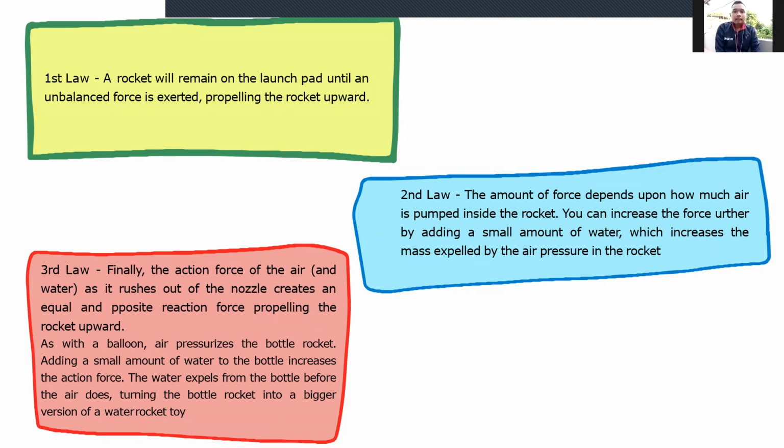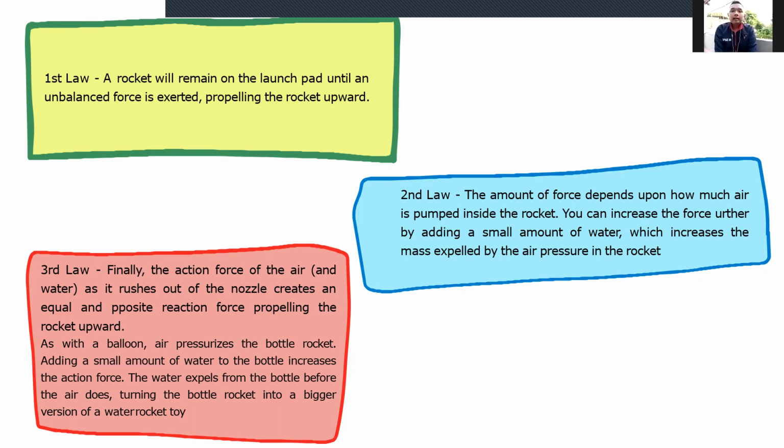And for the third law here, the action force of the air and the water as it's rushed out of the nozzle creates an equal and opposite reaction force propelling the rocket upward. And this is the third law of Newton's, that the formula is delta F actions equals to negative delta F reaction.